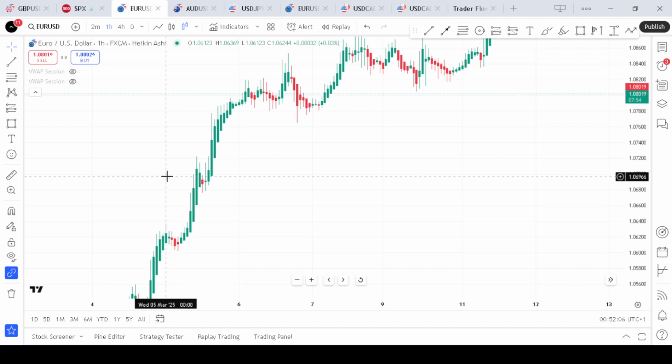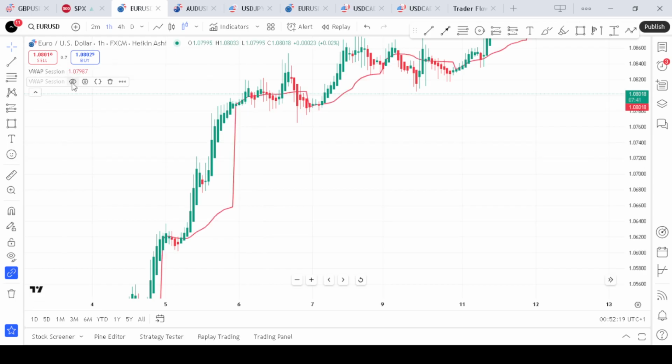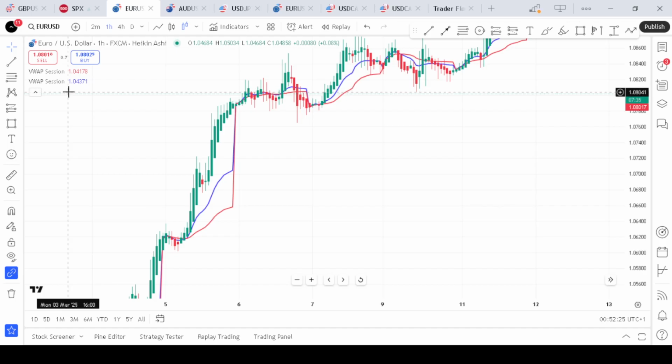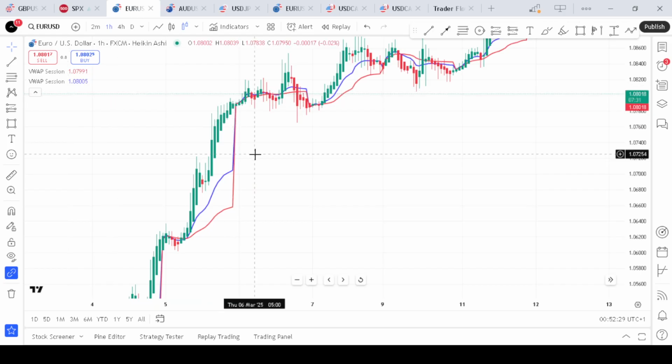It is widely used by institutional traders to identify areas where buyers and sellers are concentrated. So by using two VWAP lines, one short-term trend and the other broader market context, you can gain valuable insight into price action.